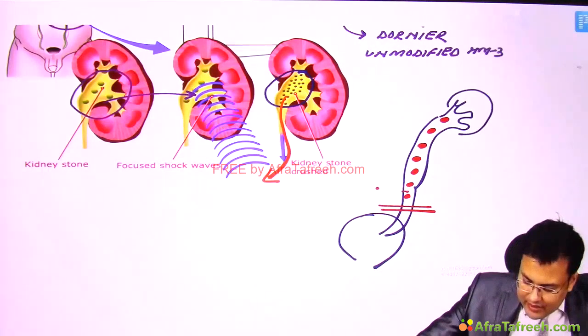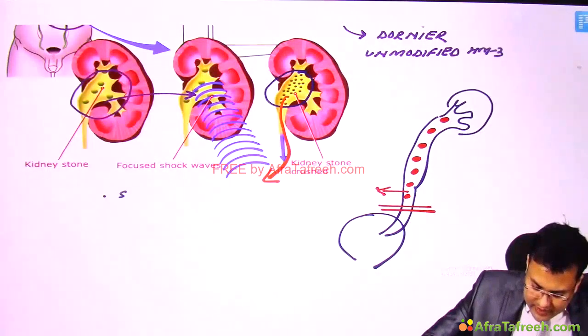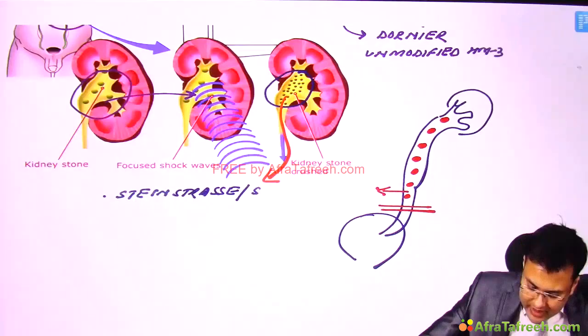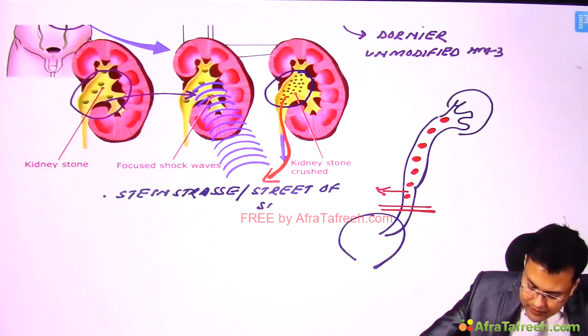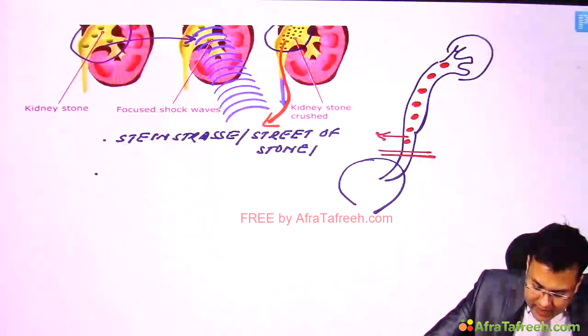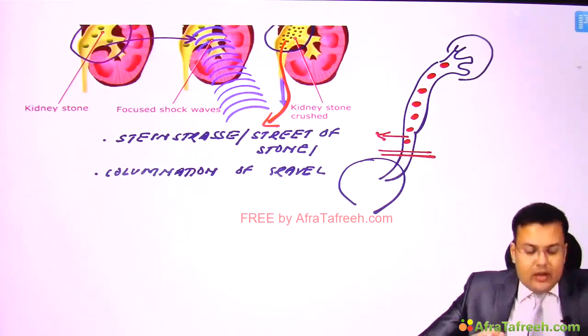So whenever there is obstruction in the ureter, there is Steinstrasse, meaning stone fragments collect in the proximal part of the ureter, also known as street of stone, also known as columnation of gravel. Clear?